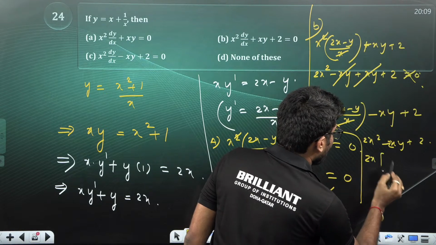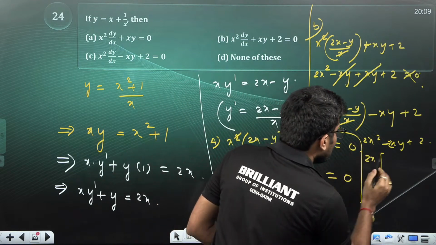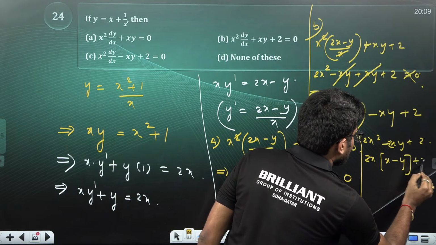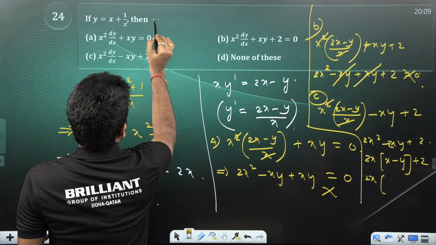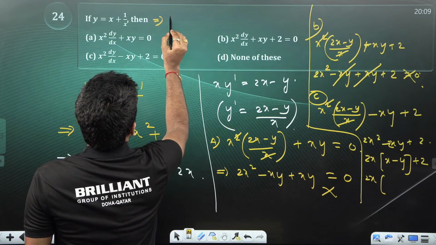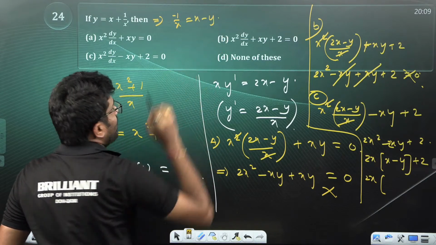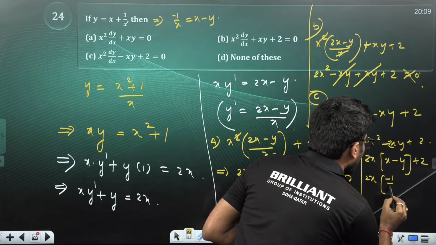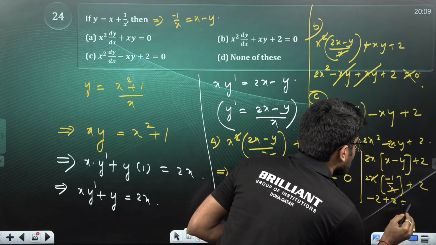If you take 2x common, what do we get? 2x into (x minus y) plus 2. Now what is x minus y from here? Minus 1 by x can be written as x minus y. Now substitute that minus 1 by x here: minus 1 by x plus 2. See, x gets cancelled. Minus 2 plus 2 is equals to 0.